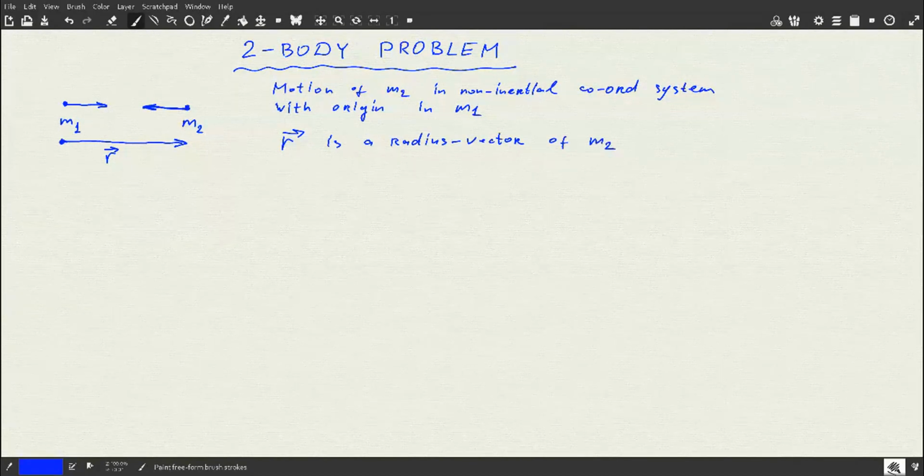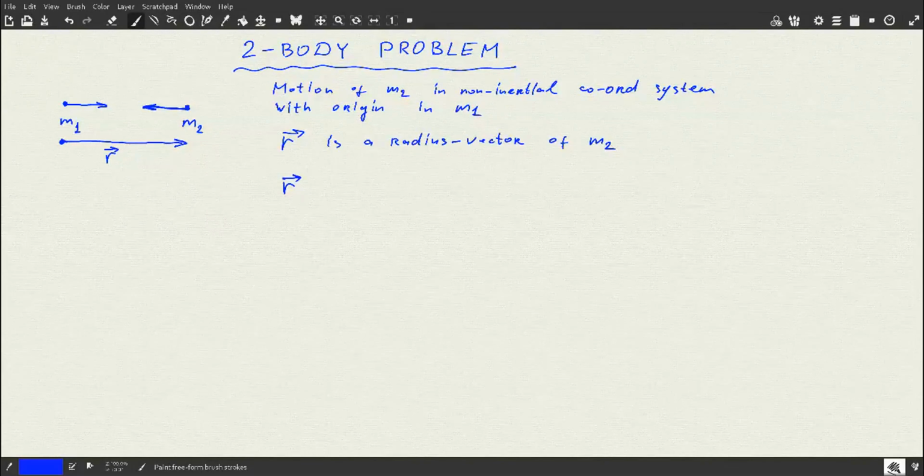And for that radius vector, we got the differential equation of motion, which followed from the first, second, and third Newtonian laws and the Newtonian law of gravitation.